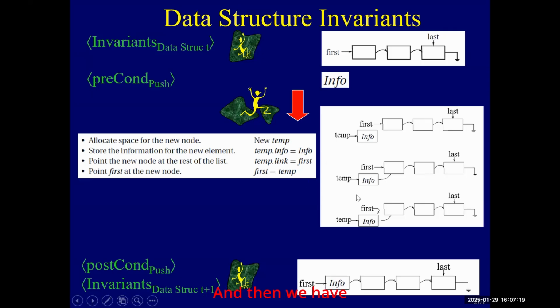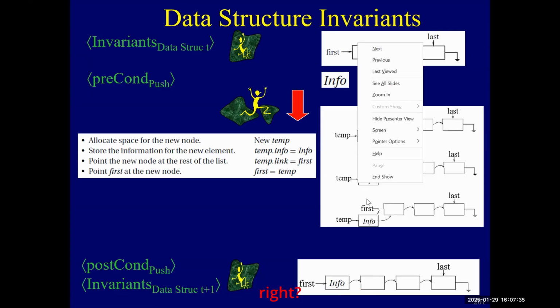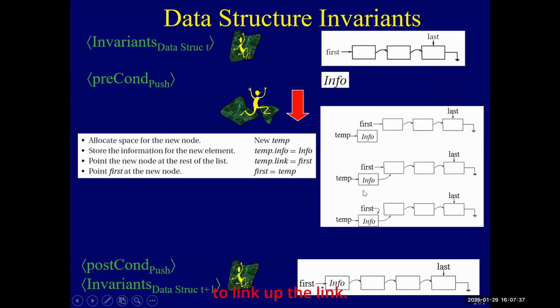And then we have to point the pointer up to the first guy. First we put the information into this guy. Temp.info is the info that we're putting in. And then we have to link up the link. So temp.link gives you this spot there. And what do we want to put in it?